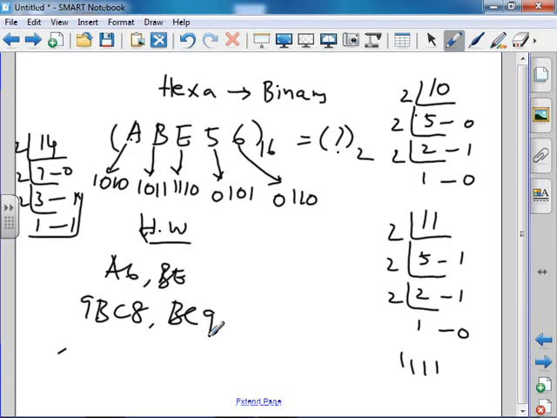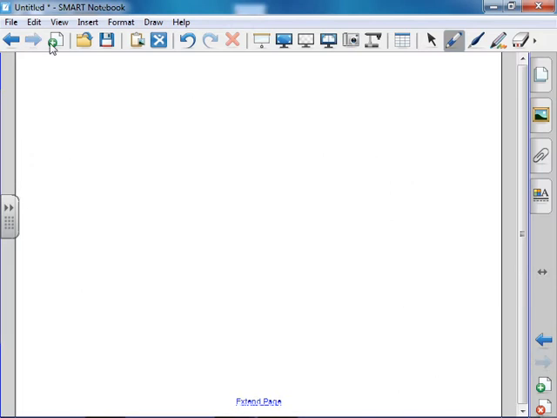So now go to the next topic, that is octal to binary conversion. Octal to binary conversion. Octal number base is 8.